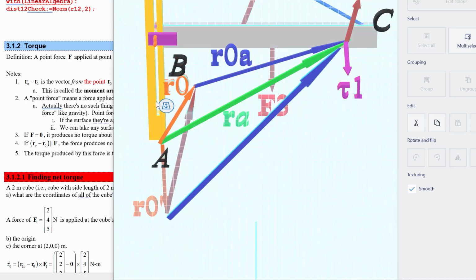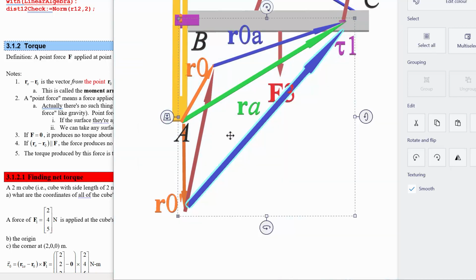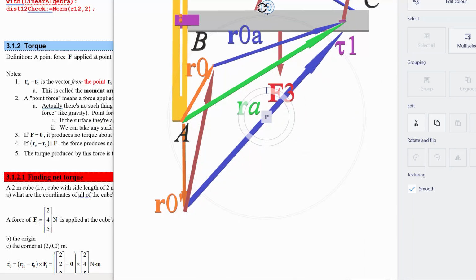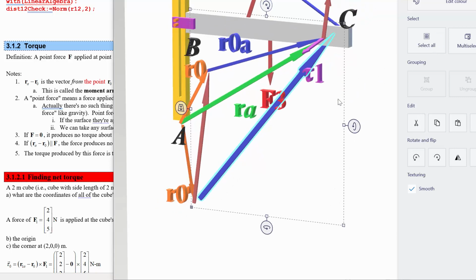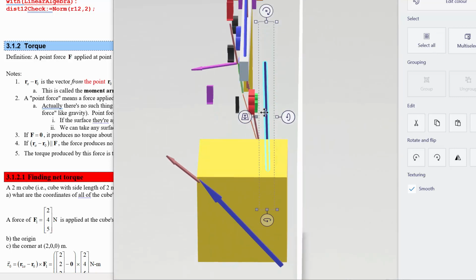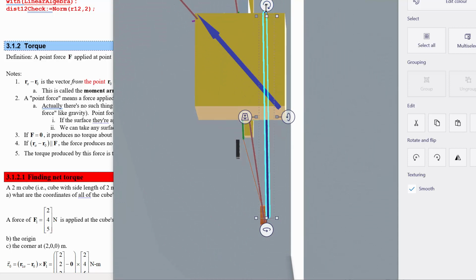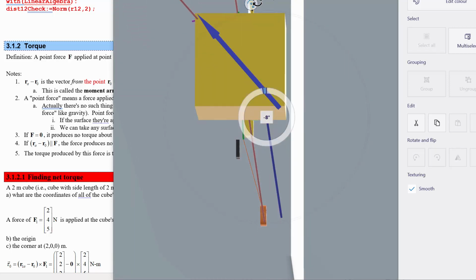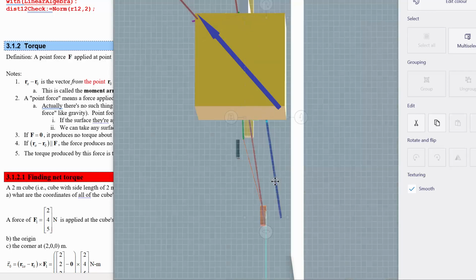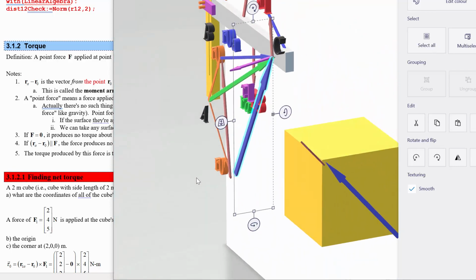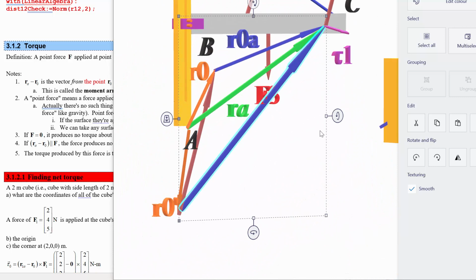Not quite, eh? Okay, line up like that. Hard to get these fine motions there. Okay, that looks good.